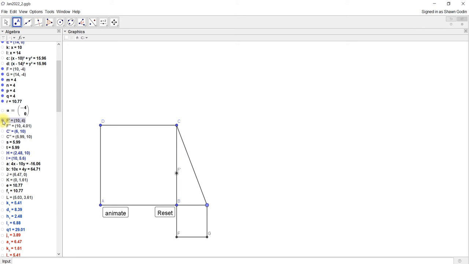So I cut off a segment here that was the same length as the side of the small square, so that I can put a point up here anywhere and the slope will reach the other side. Same thing over here.